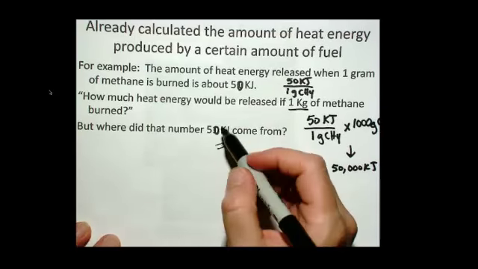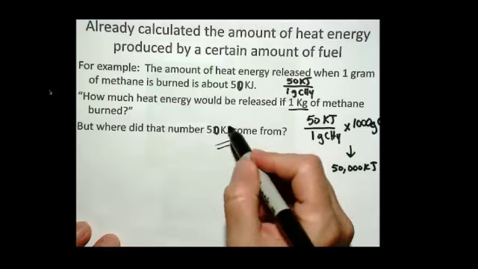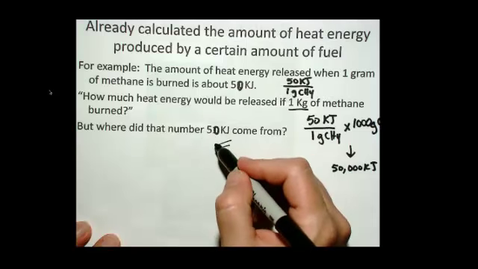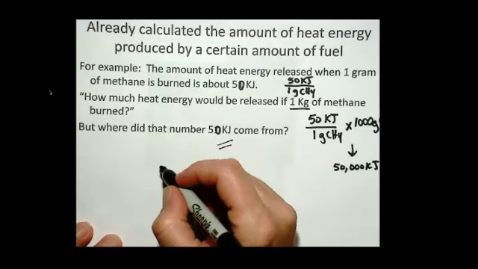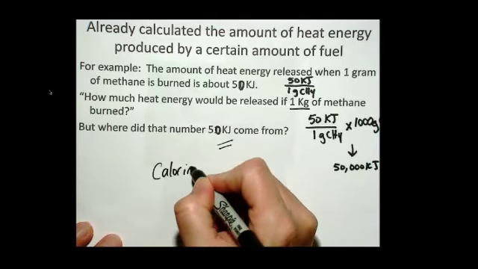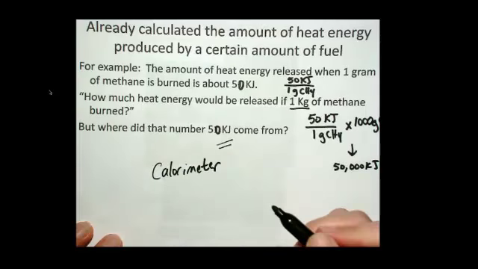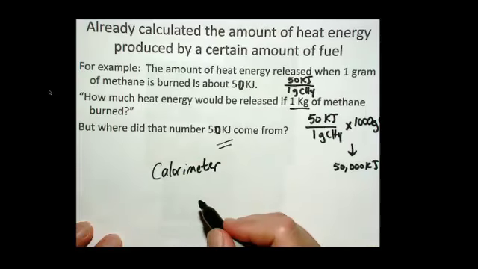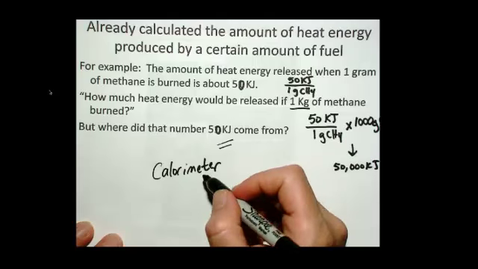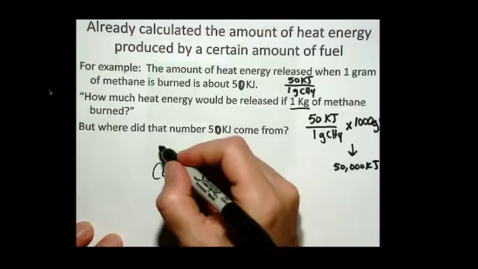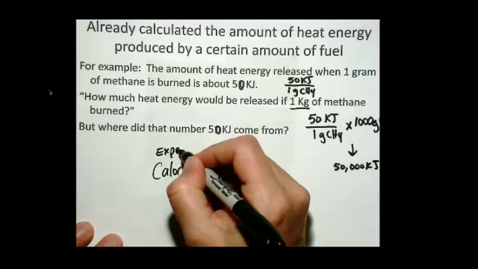Well, as it turns out, you can calculate this heat given off in a chemical change using a device called a calorimeter. And you should have already seen how that works by doing a POGIL exercise, or your teacher may have even had you do a lab using a calorimeter. So that would be an experimentally determined value.